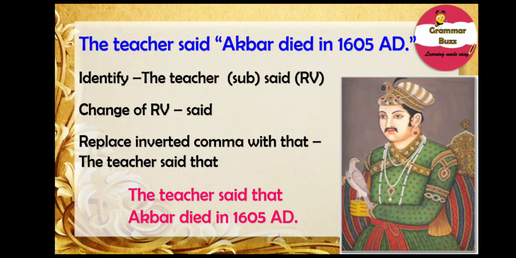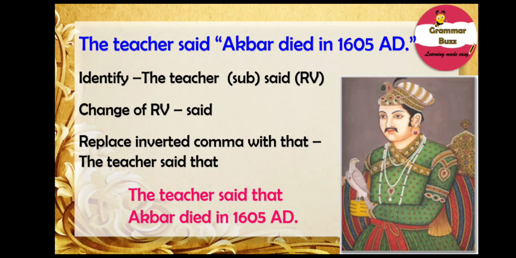And since we do not have the fourth and the fifth step because there is no change of pronoun and there is no change of tense, our sentence remains the teacher said that Akbar died in 1605 AD. Note, here we have not changed the tense because the sentence states a fact or a truth.